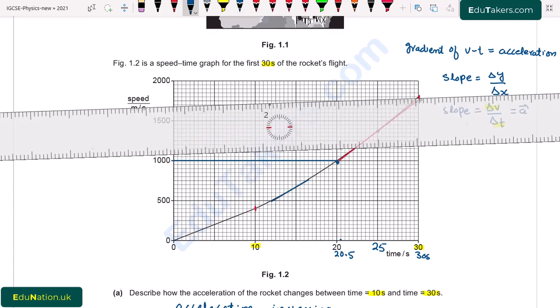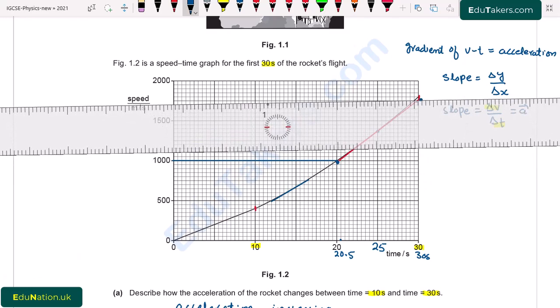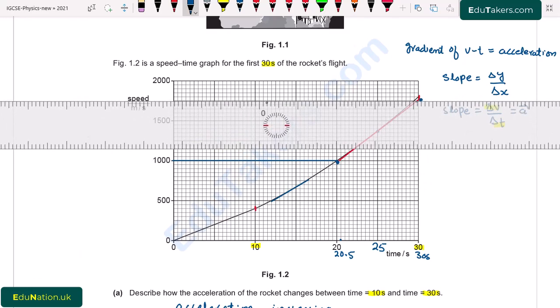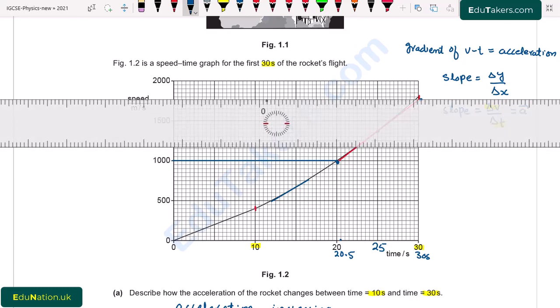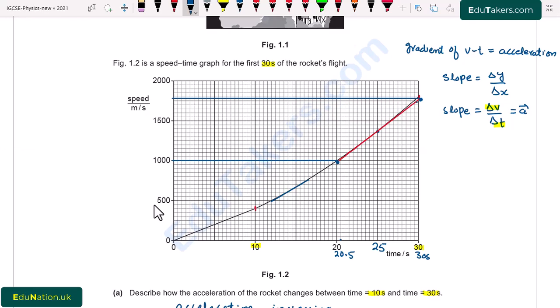I also use the ruler and draw a line at this point. This line basically cuts the speed axis at this point. We can see from here that the speed at the initial point is 1000, and when I count the speed at the final point, it comes to be 1750. So I write here 1750 meter per second.